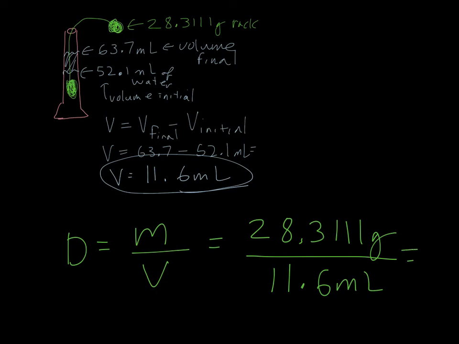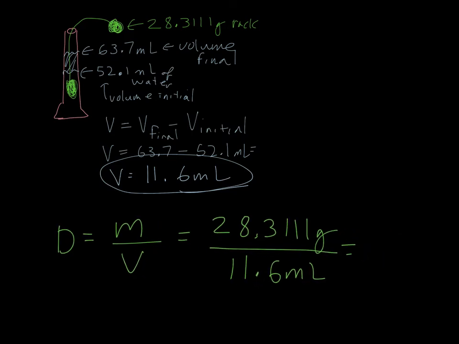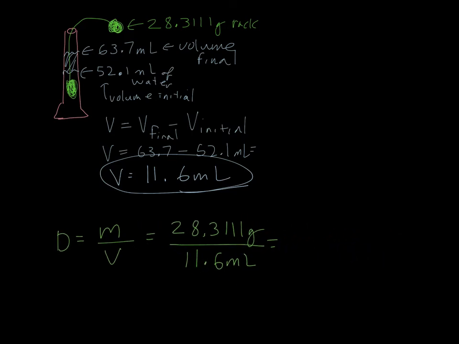Punch that into my calculator, 28.3111 divided by 11.6 gives me 2.440612, is the lie my calculator tells me.